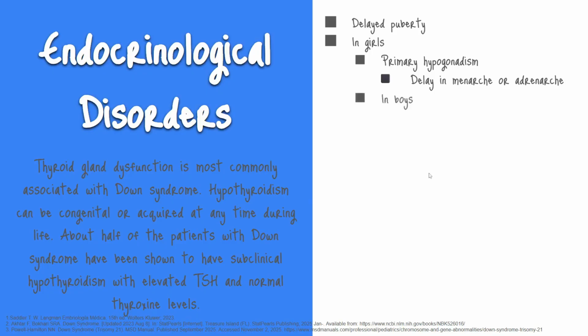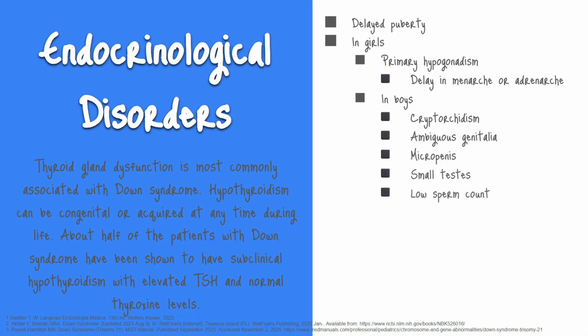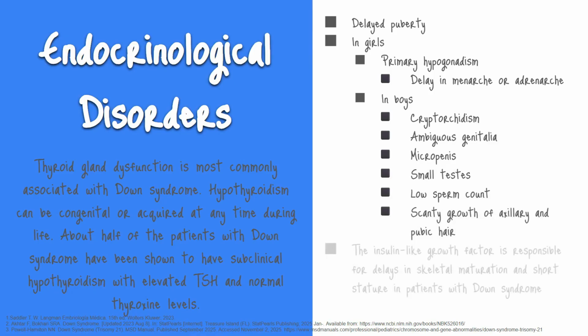In boys, however, we can have cryptorchidism, which is when the testes fail to descend to the scrotum, causing infertility, ambiguous genitalia, micropenis, small testes, low sperm count, sparse growth of axillary and pubic hair, and also the insulin-like growth factor is responsible for the delays in skeletal maturation and short stature in patients with Down syndrome.